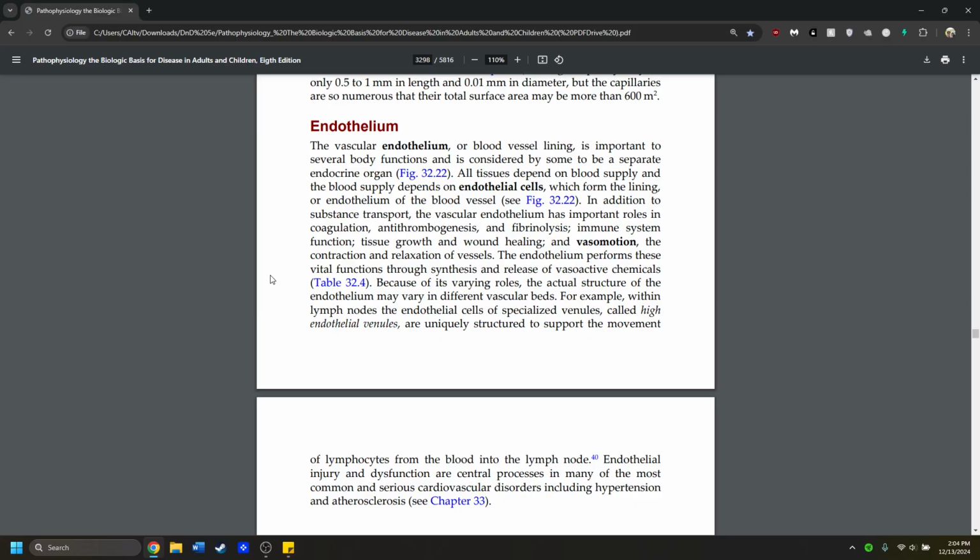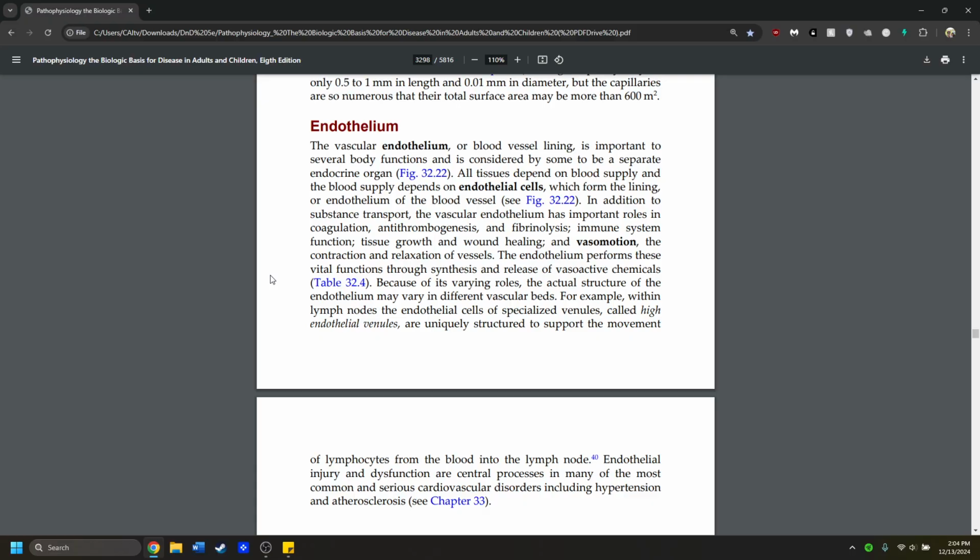In addition to substance transport, the vascular endothelium has important roles in coagulation, antithrombogenesis, and fibrinolysis, the immune system function, the tissue growth and wound healing, and vasomotion, the contraction and relaxation of vessels. The endothelium performs these vital functions through synthesis and release of vasoactive chemicals.